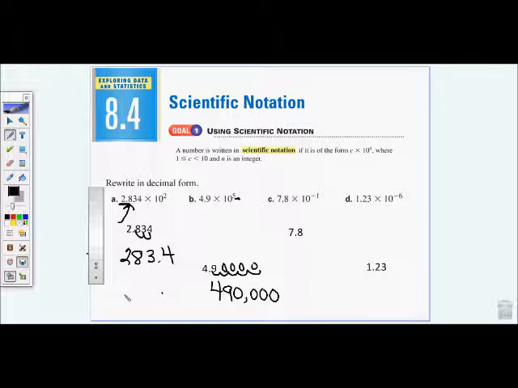Now in letter C, we're going to talk about a negative exponent as we were working with at the beginning of the chapter. So if it is 7.8 times 10 to the negative 1, instead of making my dinks go to the right, I'm going to make it go to the left. Now, I would caution you on just thinking left and right, because if this number has a negative exponent, that's the same as changing it to its reciprocal.